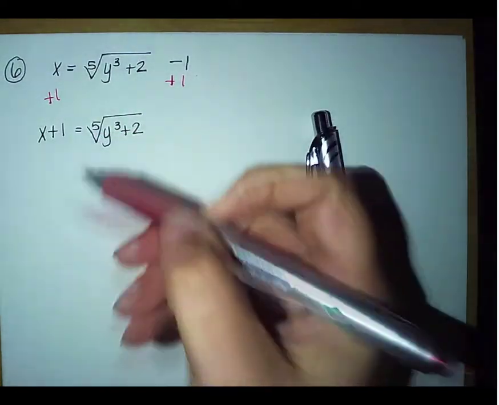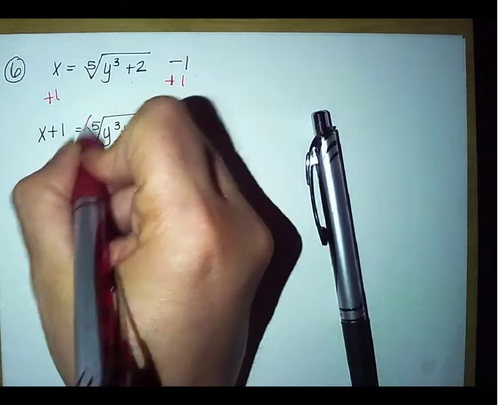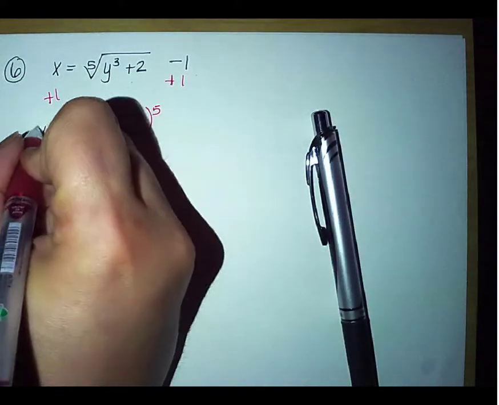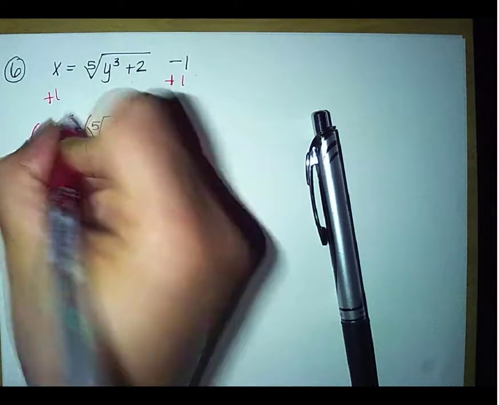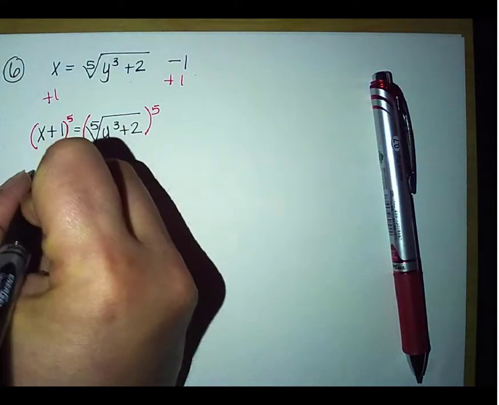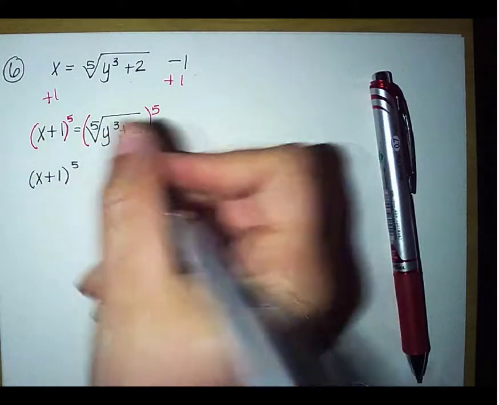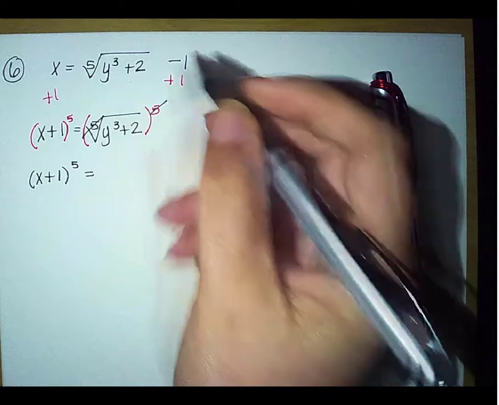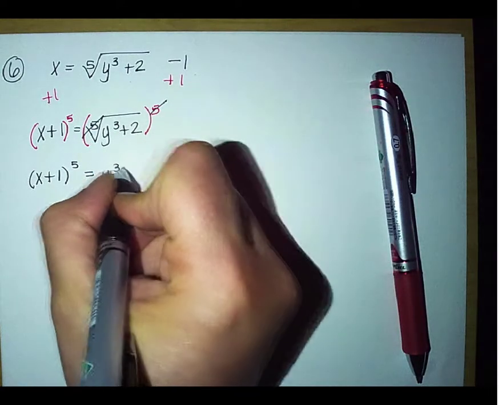Again, if we have a 5th root, the opposite is a 5th power. So we're going to raise x plus 1 to the 5th power as well. So now we have (x plus 1) to the 5th power equal to, and again my root and my power cancel, leaving y cubed plus 2.